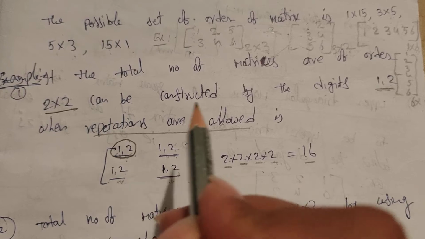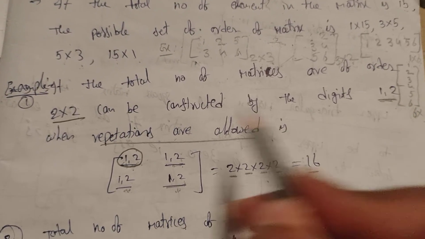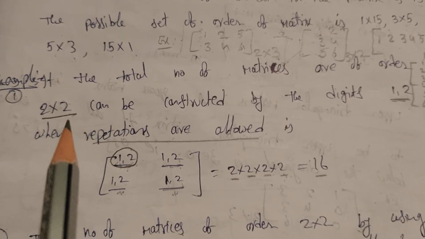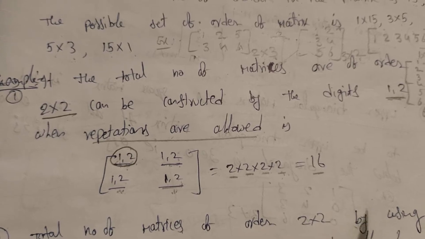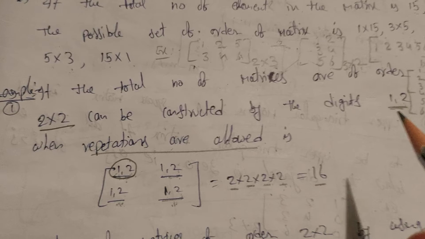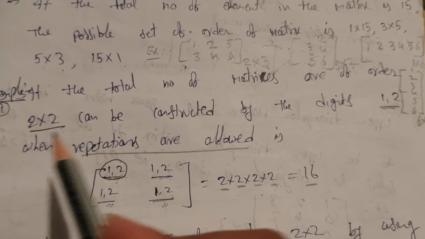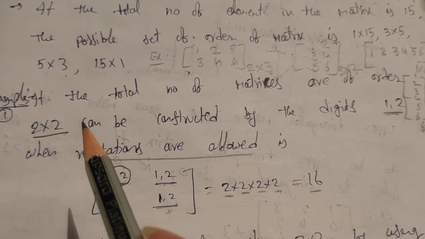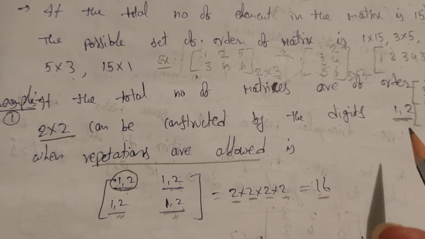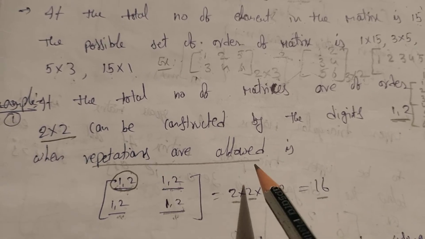That means we have to construct a 2 by 2 matrix using the elements 1, 2, and we can repeat. A 2 by 2 matrix needs minimum 4 entries, so with 2 entries we cannot fill it. That's why repetitions are allowed.